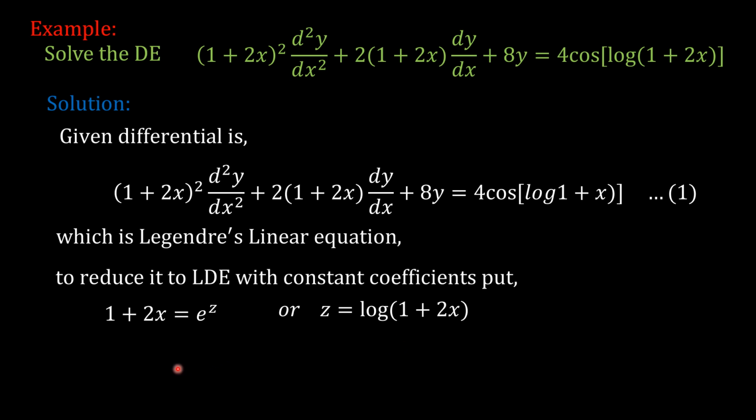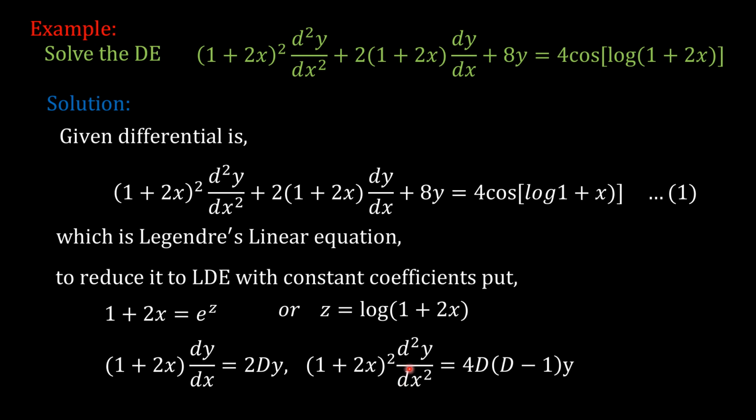Now, (1 plus 2x) into dy by dx will be replaced by 2 into Dy, and (1 plus 2x) whole square into d square y upon dx square will be replaced by 2 square, that is 4 into D(D minus 1) of y, where this capital D is d upon dz.